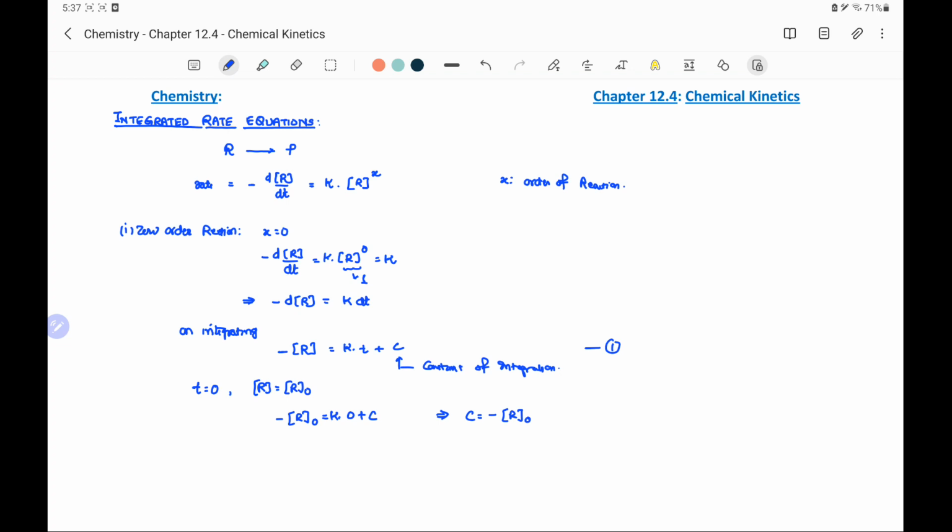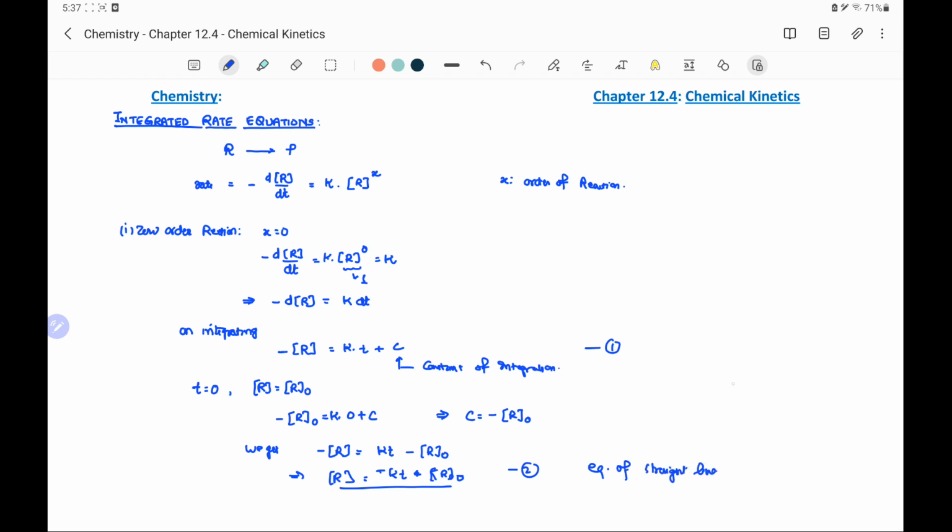Substituting the value of C in equation 1, we get minus R is equal to Kt minus R0, or R is equal to minus Kt plus R0. This is equation number 2, and this is the equation of a straight line.